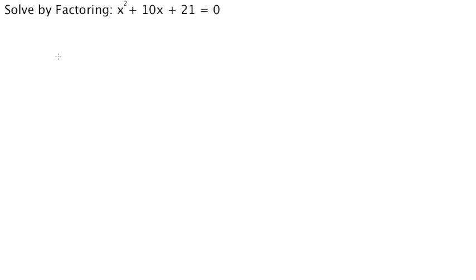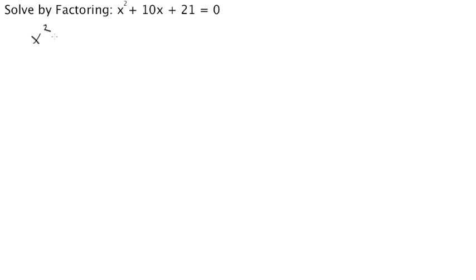Out in the wild, we're not necessarily going to be told what technique to use when we come across a quadratic equation to solve. I recommend always trying to factor. If it's going to work, it's going to be the quickest way to do it. It unfortunately does not always work easily, though. So this isn't something that you can completely rely on, but I would recommend always at least trying it.